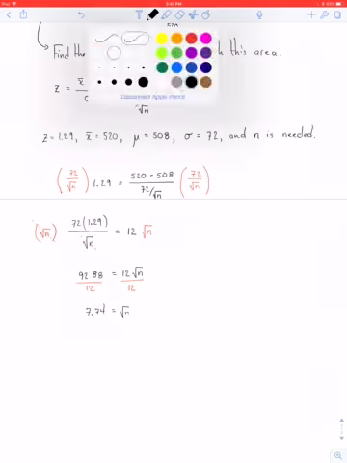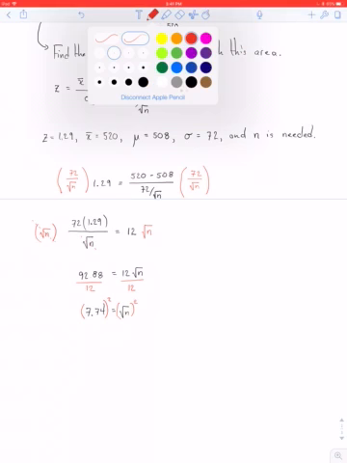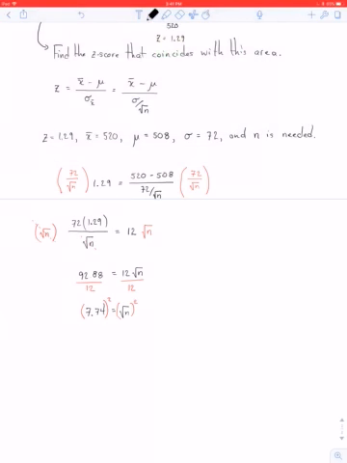And then to remove a square root, you square. So I'm going to square the right-hand side to remove the square root. So the left-hand side has to follow along. So if I square 7.74, I get 59.9076.